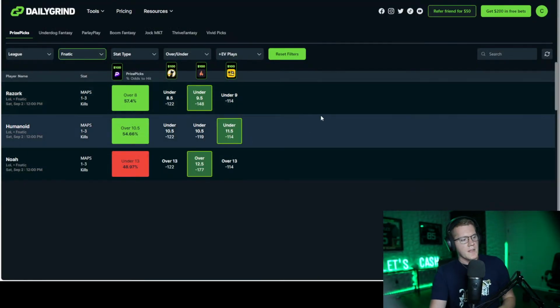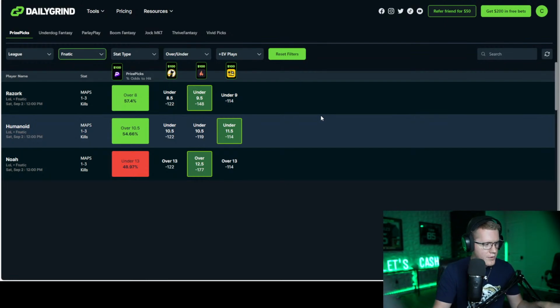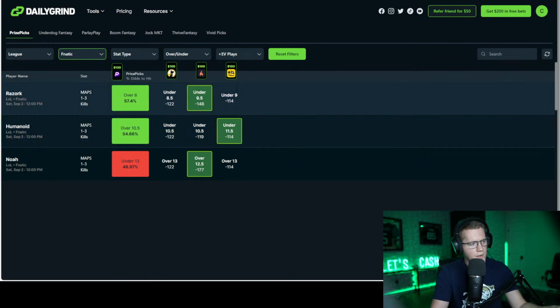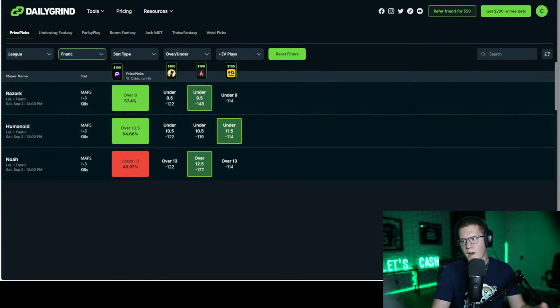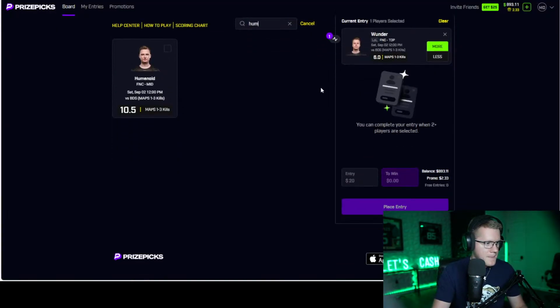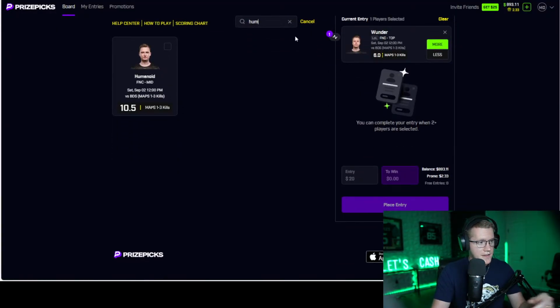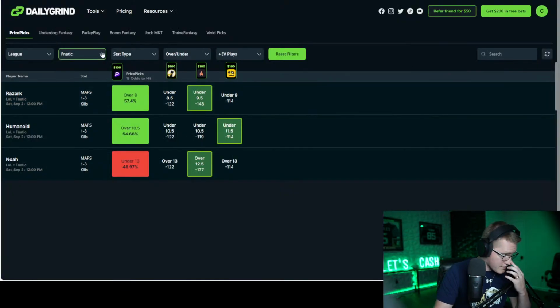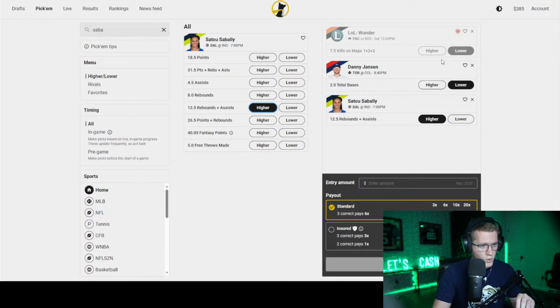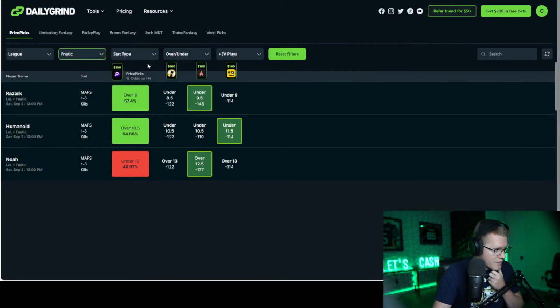Because, again, guys, if you use the market, just comparing price tags, 10.5, 10.5, 10.5, 11.5, the sharper play is going to be the under on ParlayPlay, which is the reason why I'm not playing this on Prizepicks. Even though it's correlated, I don't hate the play, but this is the more accurate play here, as you can see, using market discrepancies. Wonder just got removed, so secure that value if you're able to do that on Underdog.